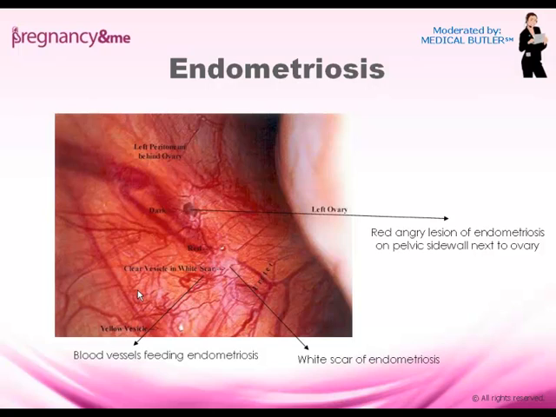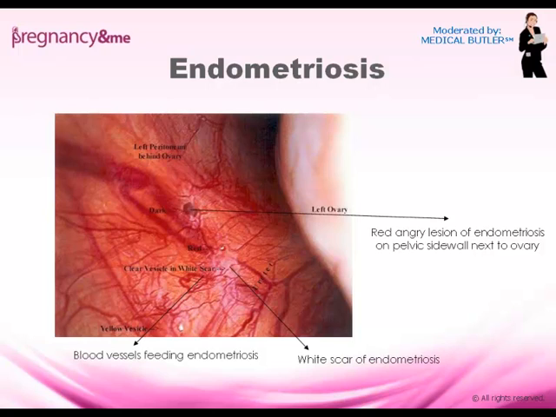This is another picture taken at laparoscopy where you can see two different types of lesions. One is a more red, angry looking lesion on the side wall of the uterus.